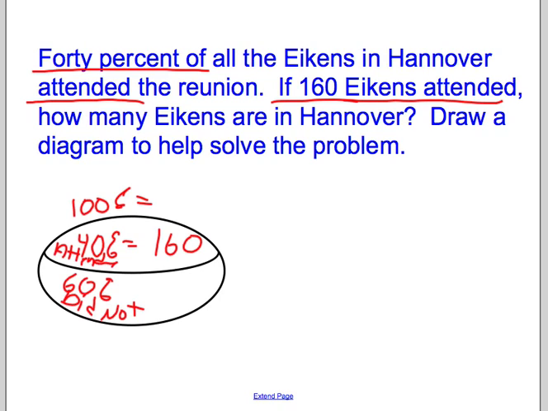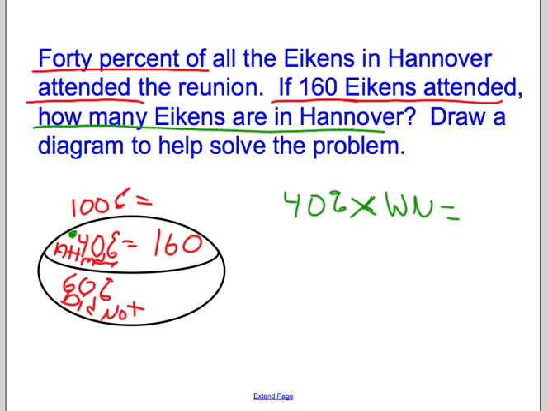But from that, we now have two pieces of information that we can use for our P, 40% times the of. We're trying to find how many Icons are in Hanover. That's the total. And you know that this 160 has to be opposite your 40%.